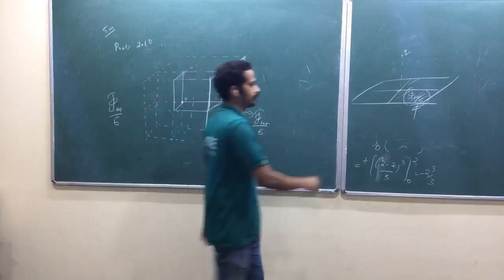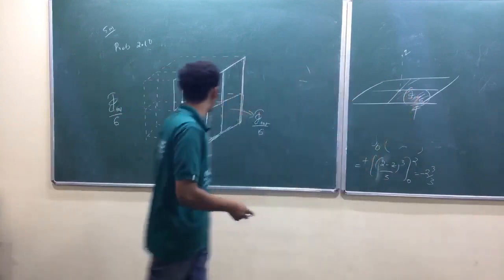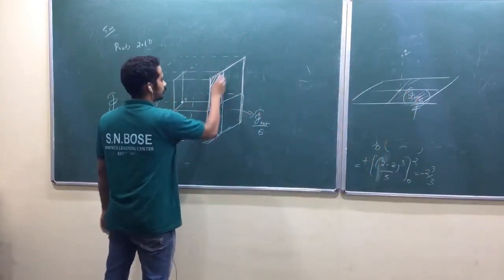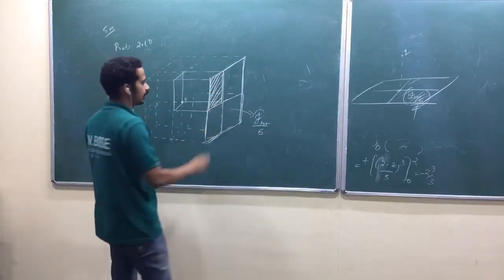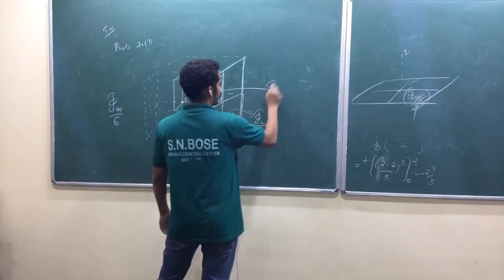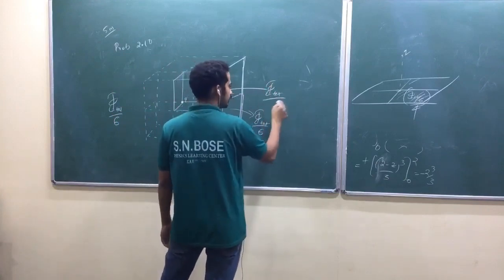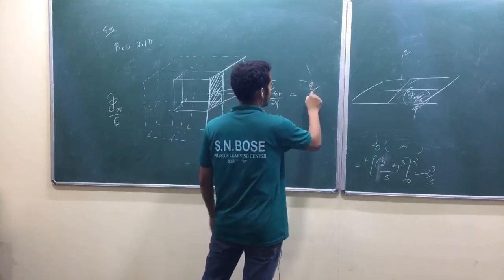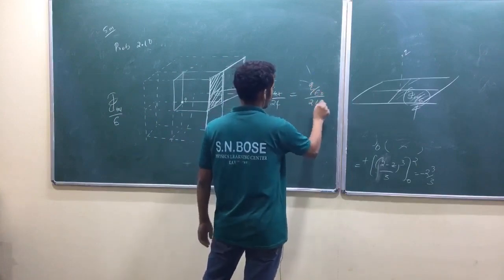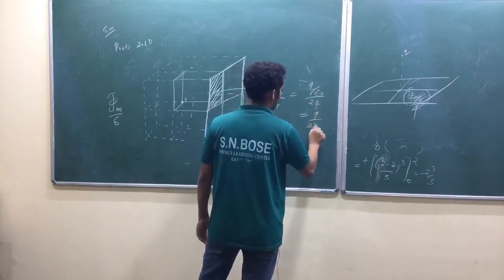So each of these, that means he is asking this part, do you remember? Don't forget, he is asking this part. That will share phi total by 6 by 4, which is 24. So what is phi total? Q enclosed by epsilon naught, divided by 24. That's equal to Q by 24 epsilon naught.